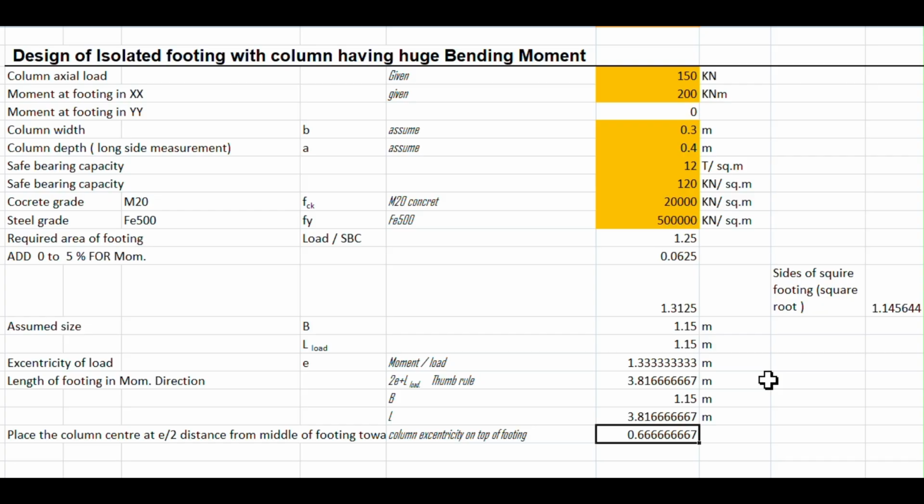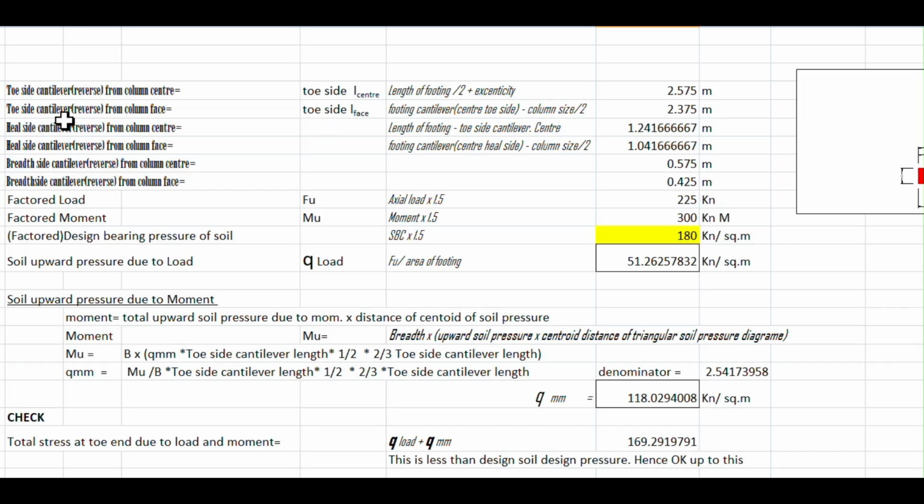Shifted means we are providing the footing by moving to the right side. Some measurements we are going to make, the toe side cantilever, a reverse cantilever from the column center.